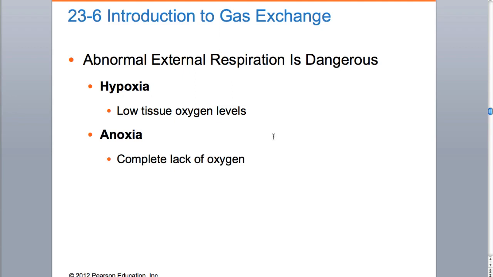Okay, now we're going to do some terminology here. This word right here can be basically the same thing as saying anemia. Now, when we did the chapter on the blood, chapter 19, we actually had the word anemia. Anemia resulted because of two main reasons.